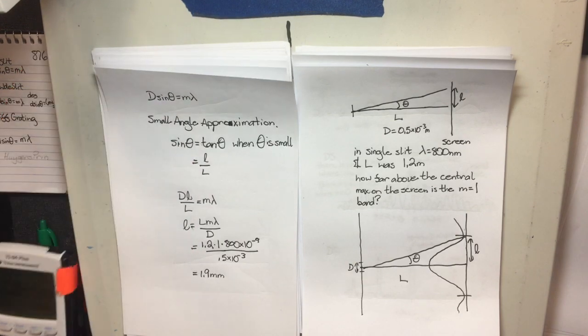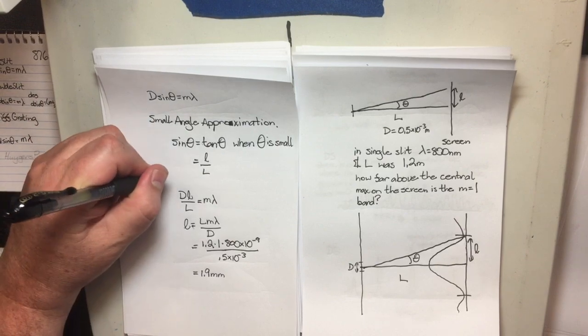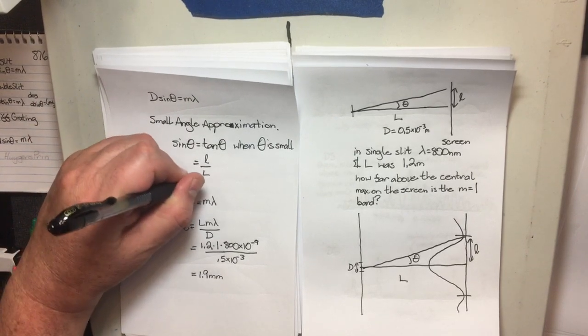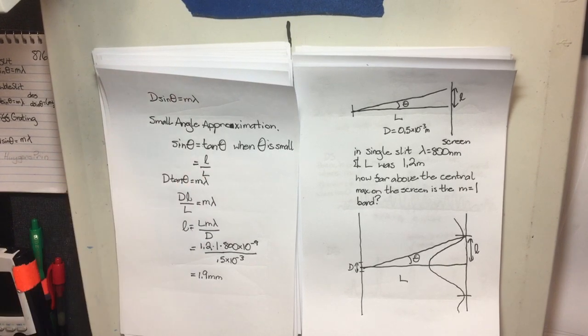So d sine theta equals m lambda becomes d tan theta equals m lambda, which then becomes that. Could you do it that way? Yes.